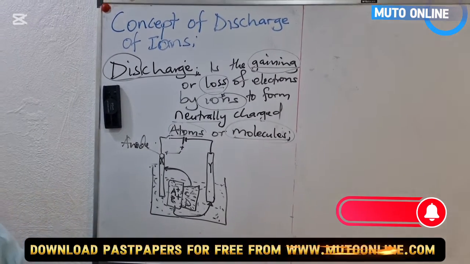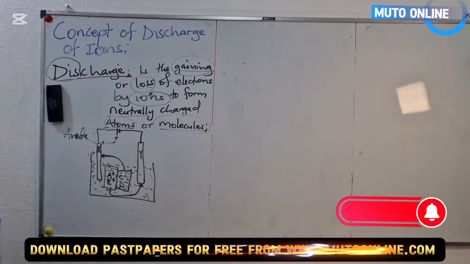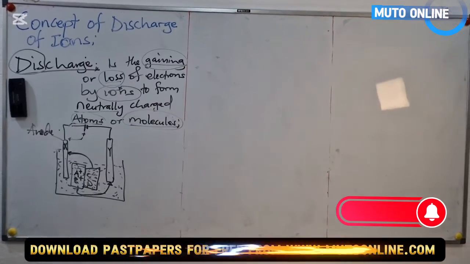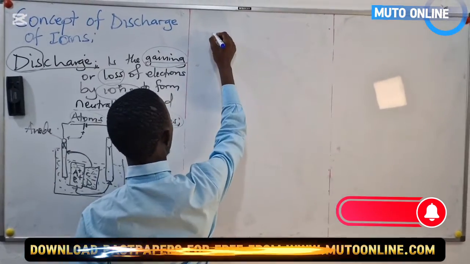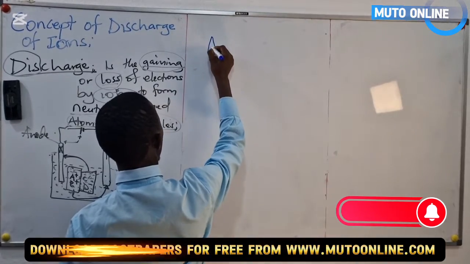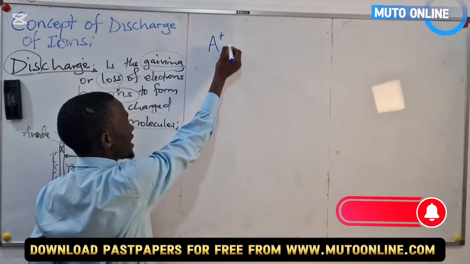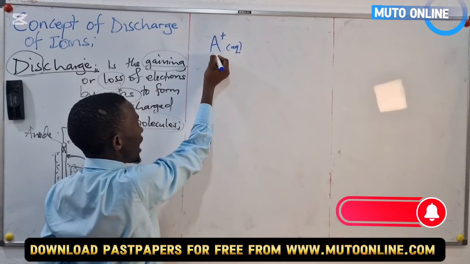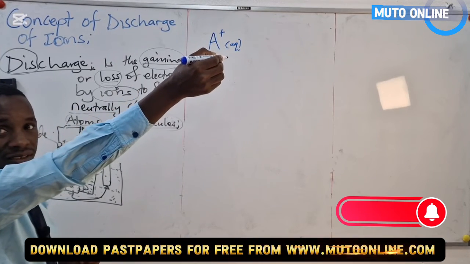Members, the positively charged ions, let's say A positive, means that to form this ion, this atom of element A lost electrons.